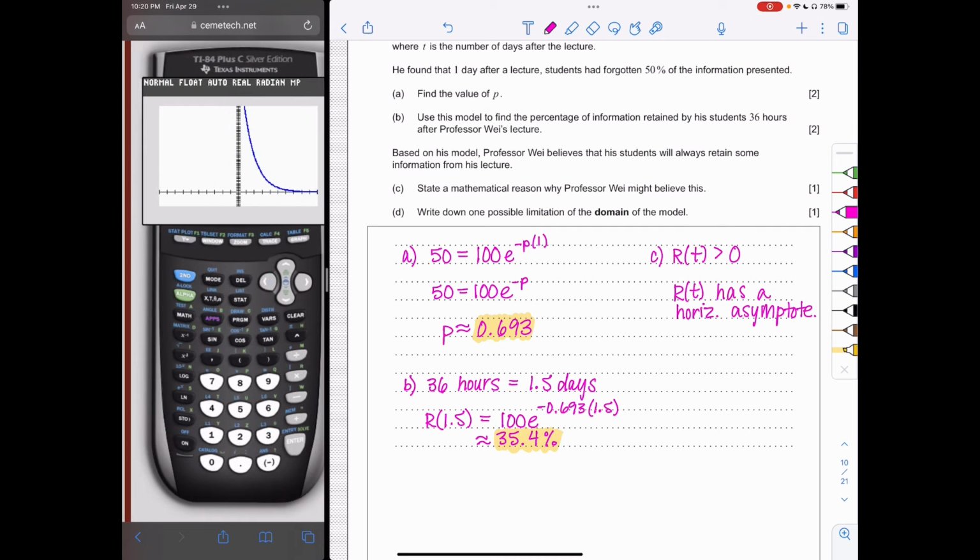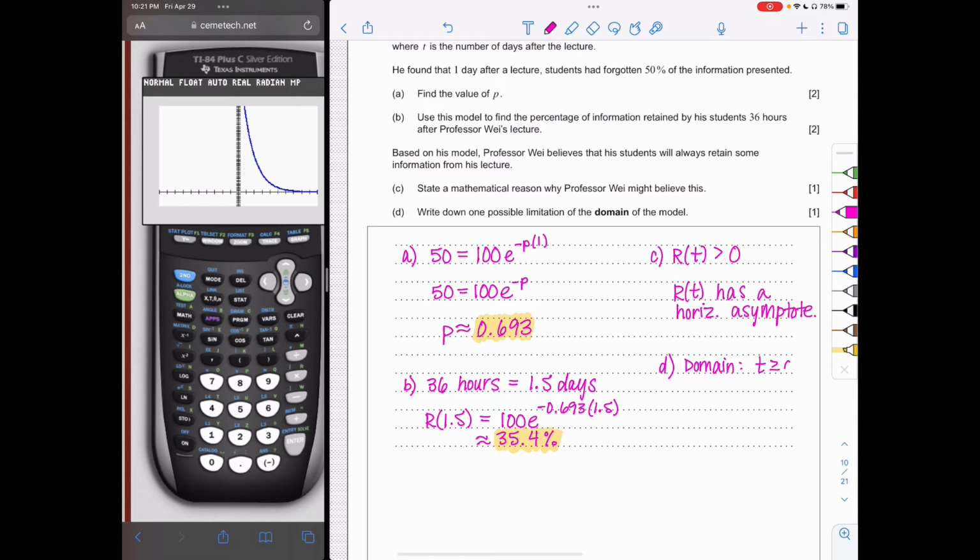Either or. And last but not least, for part D, it says write down one possible limitation of the domain model. So when we talk about the domain, we are talking about the time here. One limitation of the domain, remember the domain is saying that t has to be greater than or equal to 0.